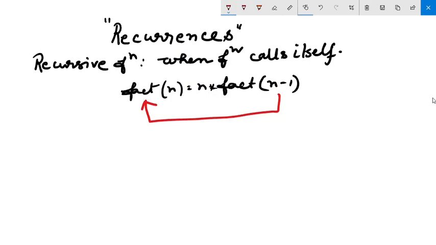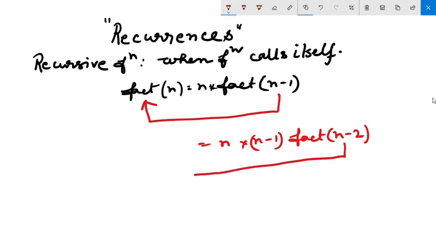Fact n minus 1, and then this will again split up, will be n into n minus 1, fact n minus 2. So this is again one call.